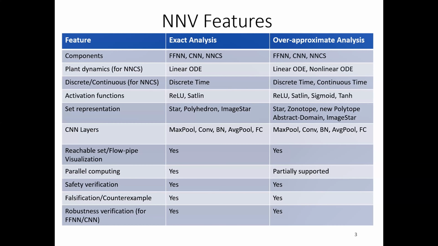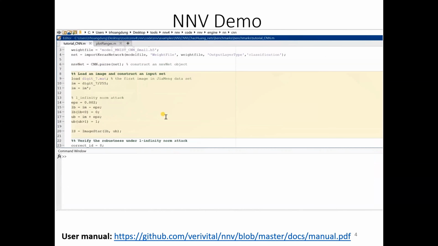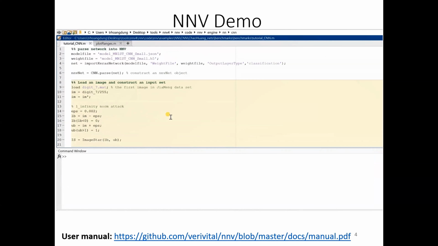In this video, I'm going to show you how to use NNV to verify the robustness of a convolutional neural network under adversarial attack. So there are three steps for doing that. First, we need to pass the already trained network into NNV and construct an NNV network.